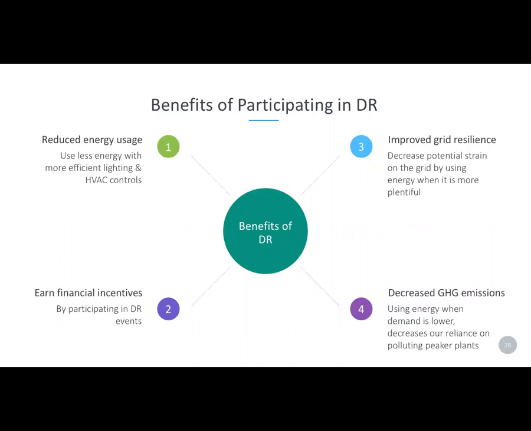So these objectives do align with customer and community benefits of demand response participation mentioned earlier by John, including using less energy and saving on operational costs through more efficient lighting and HVAC controls, receiving financial incentives and reducing costs by participating in demand response events, improving grid resilience for your local communities by shifting energy use to times when energy is most plentiful, and ultimately reducing greenhouse gas emissions and reducing the reliance on polluting peaker plants.